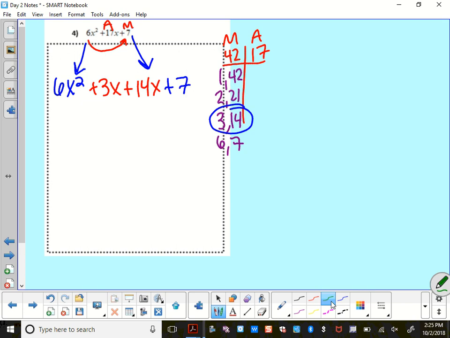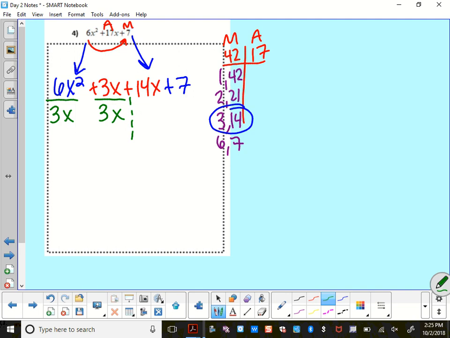Now that I have 4 terms, what do I do? You split them in half. Jordan, once I split them in half, what happens to that left side? You have to find the GCF. Okay, so what's the GCF for the left side? I have 6x squared and then 3x. So 3 is my number, and then what about my x's? Good.